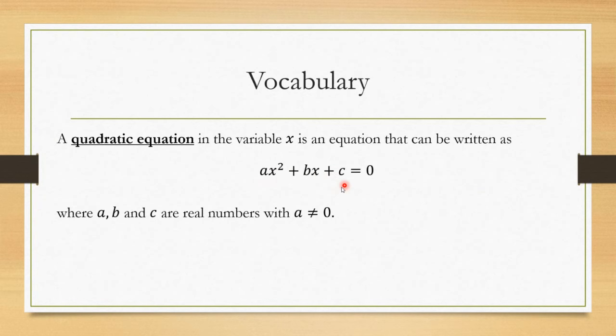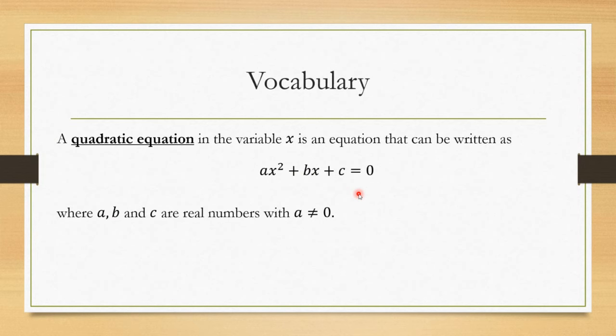Here you have a polynomial of degree 2 on the left side. Here we have a, b, and c. Those are numbers. a cannot be 0. If it is 0, then we're essentially back in 1.1, but we did that already. Also, this is what we call the standard form of a quadratic equation, when you have the polynomial of degree 2 equal to 0.